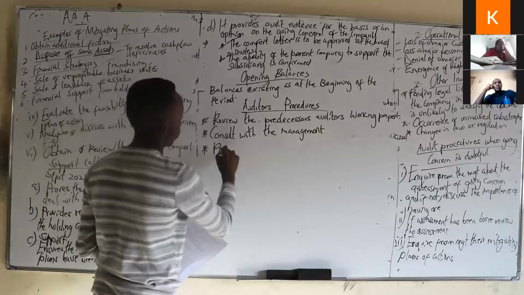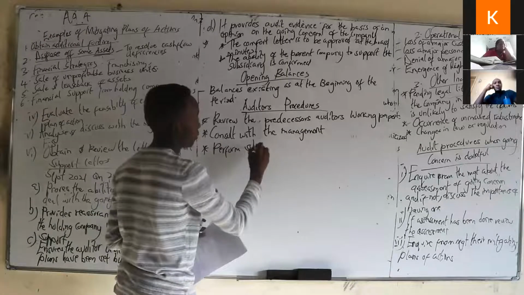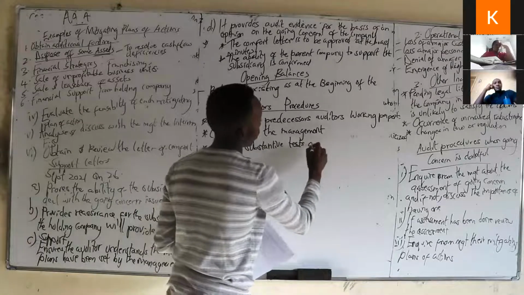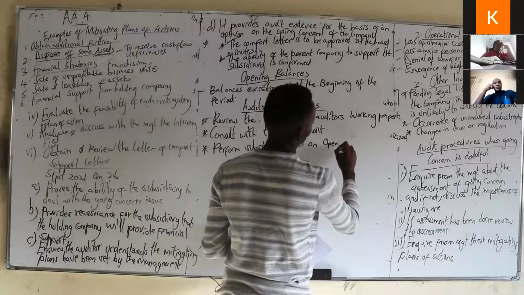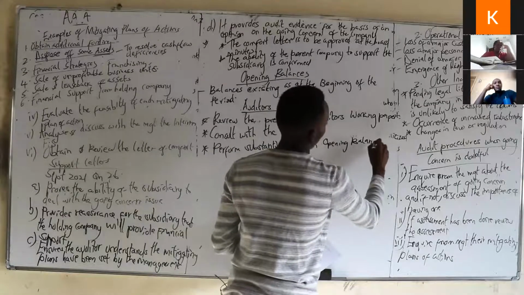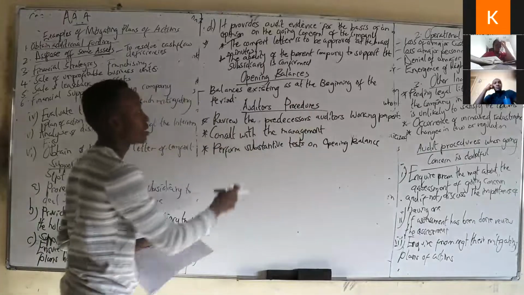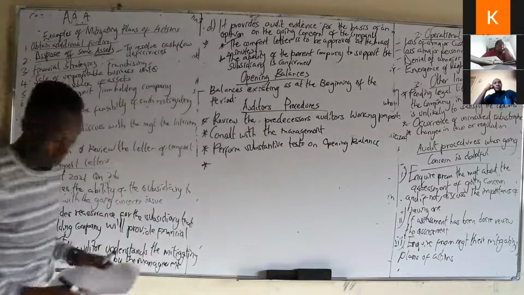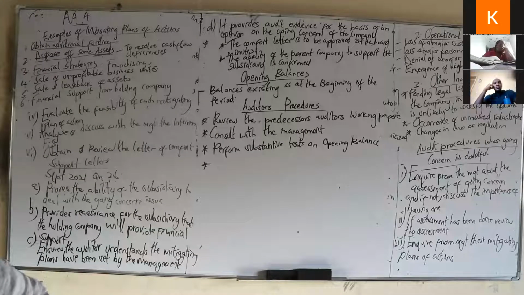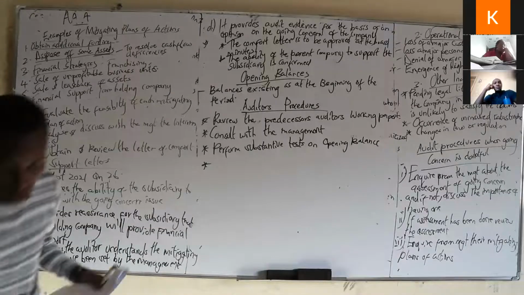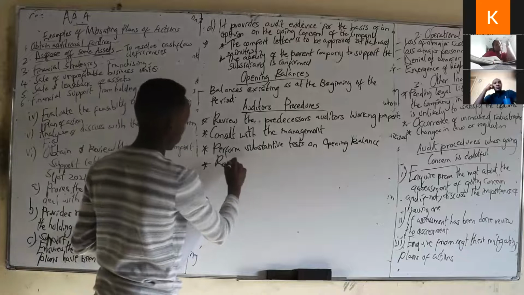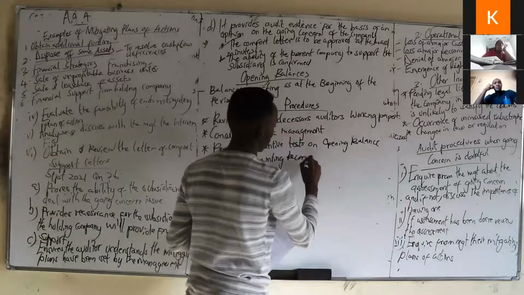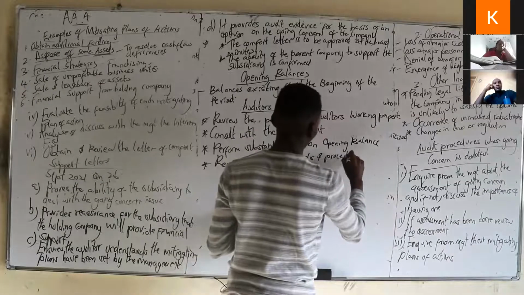Also, he can perform substantive tests on the opening balance. Now, what the substantive test means is a test tracing the transactions, or trying to see how the opening balances had been recorded, and then also reviewing the accounting records and procedures in this case.